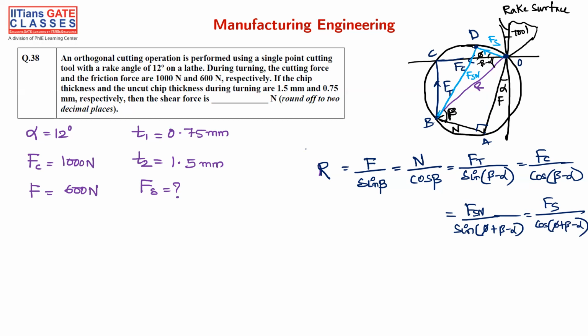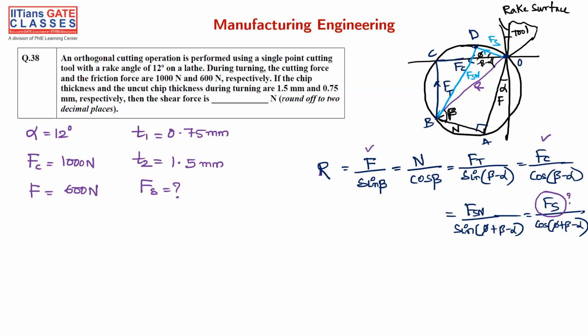Okay, fine. So now that we have this relation, what are given? What are known here? We know Fc, right? We know F, and we are supposed to find this Fs, right? So let's relate any of these three equations.